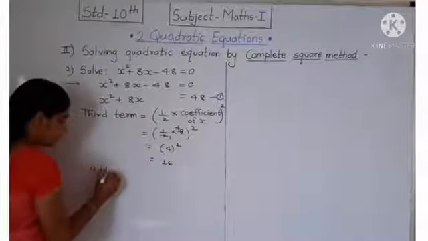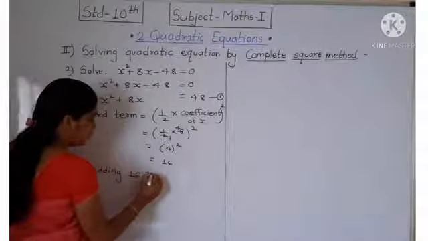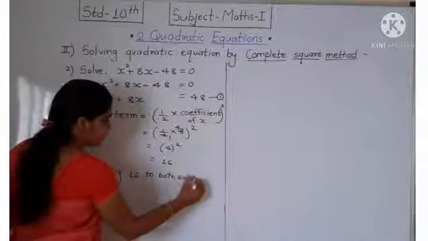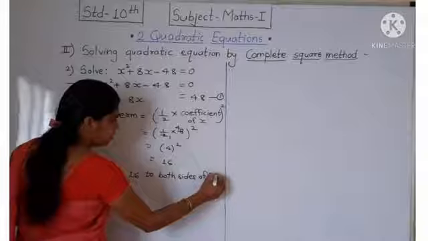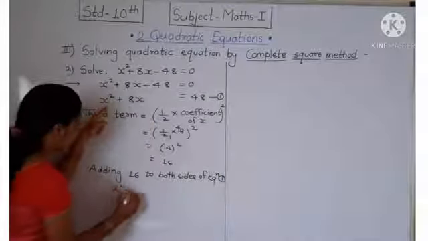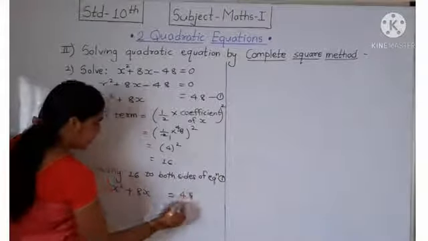Adding 16 to both sides of the equation. First write the equation: x square plus 8x is equal to 48.